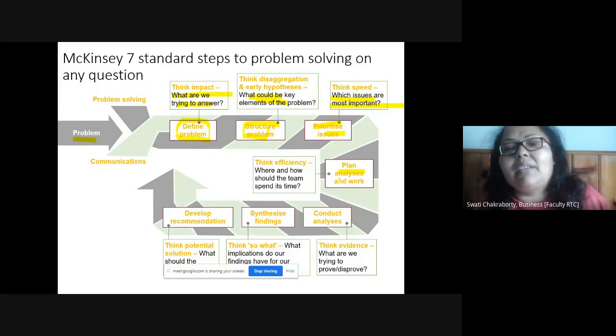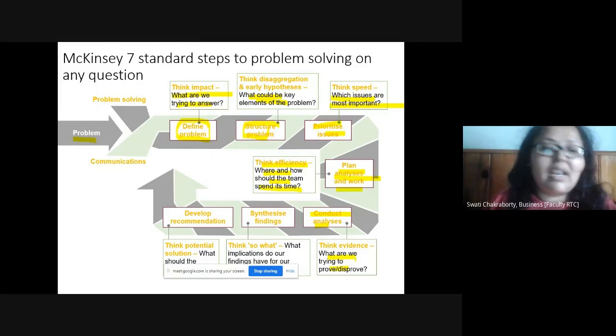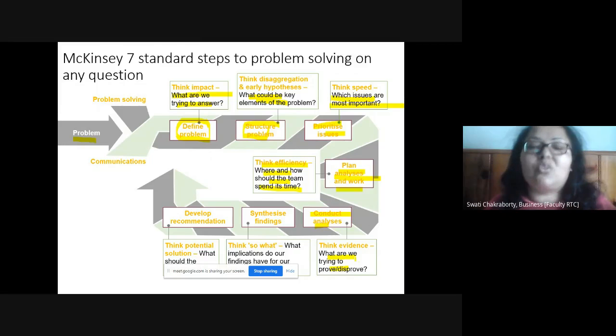Then comes plan analysis and work, right? Where you start thinking efficiently. Where and how should the team spend its time? Which are the areas, right? Then comes conduct analysis, where what has to be done to prove or disprove this problem, what has to be done.